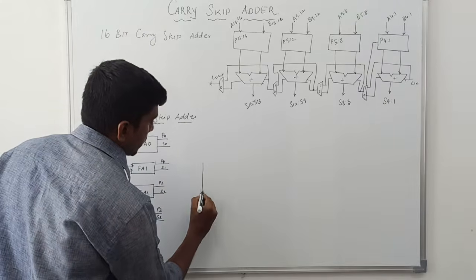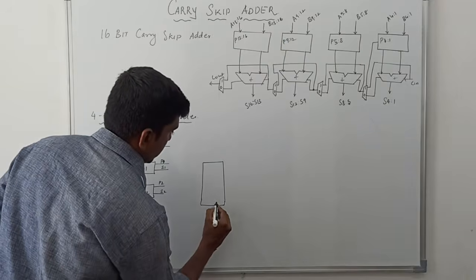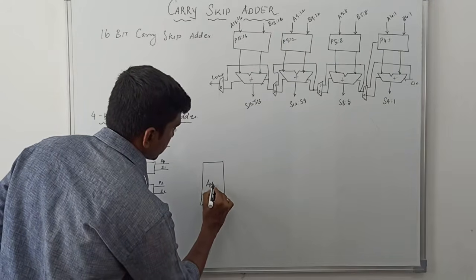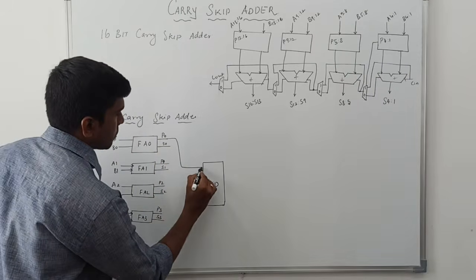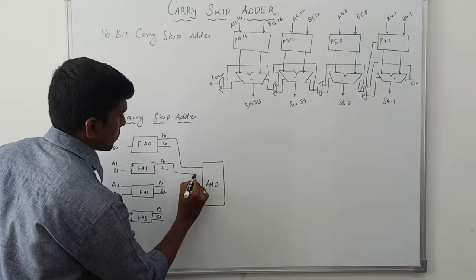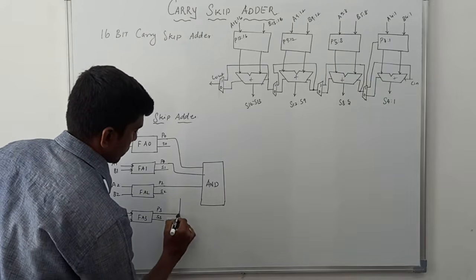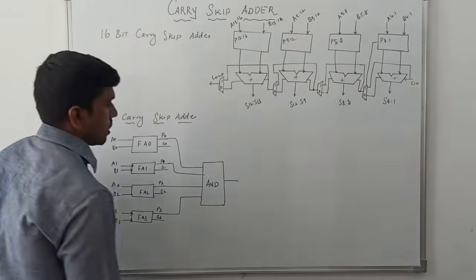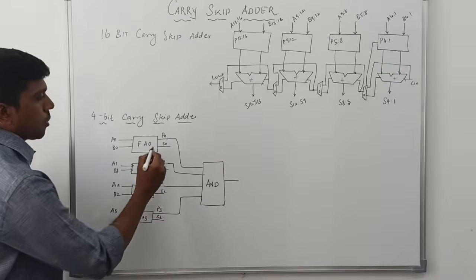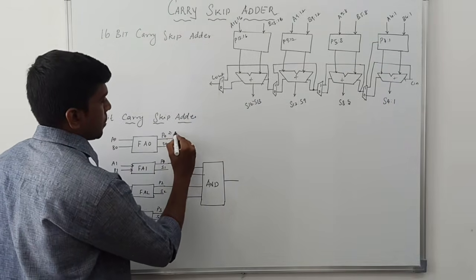This propagate signal is given to the inputs of an AND gate. It's a 4-input AND gate, and that's its output value.